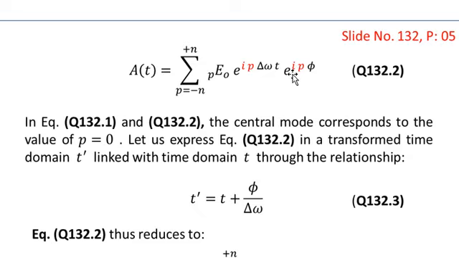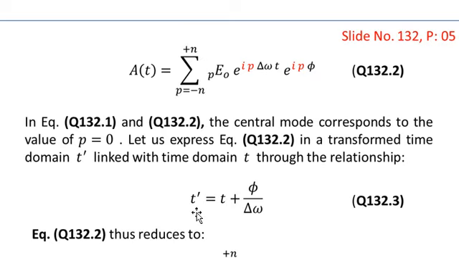Now, if you add these two exponentials, take iota p as a common factor on the left hand side and take t as a common factor on the right hand side, then you will have delta omega into t plus phi over delta omega, and this t plus phi over delta omega is labeled as t prime.